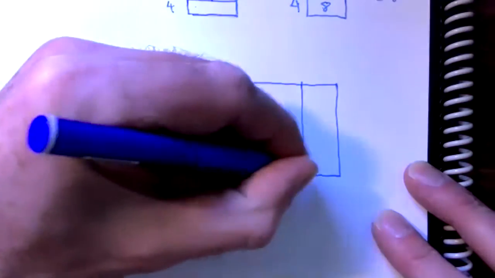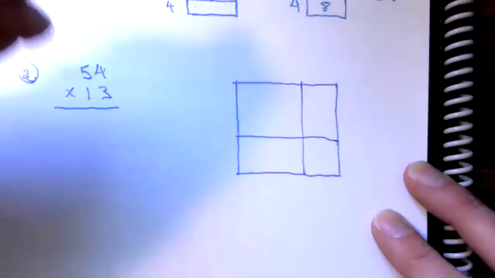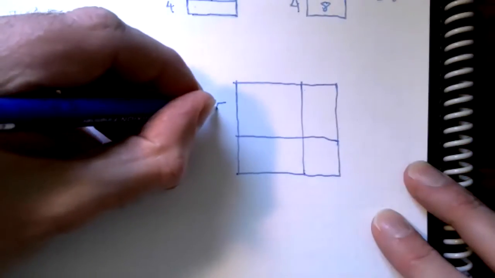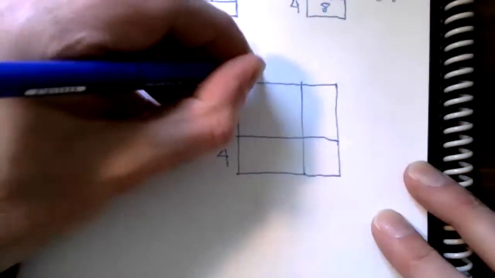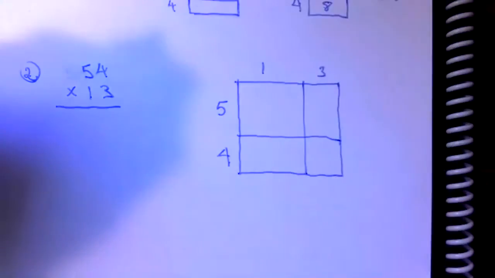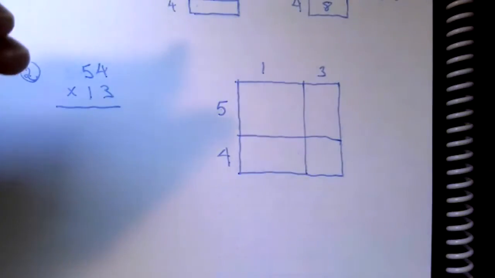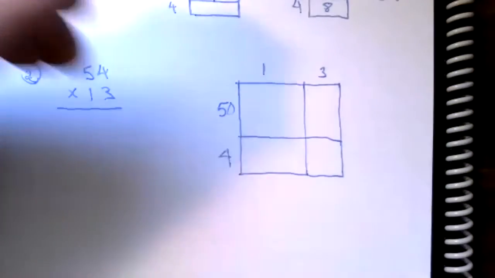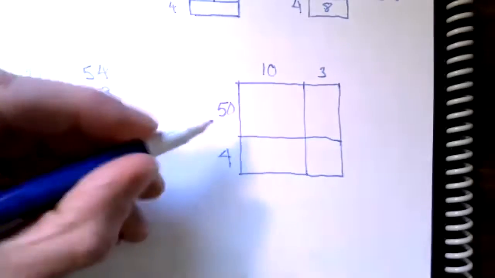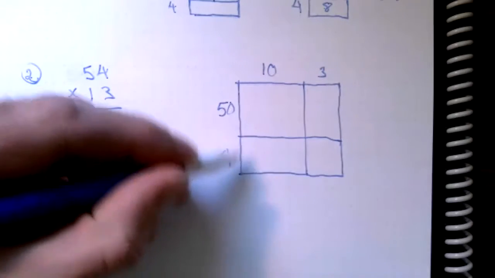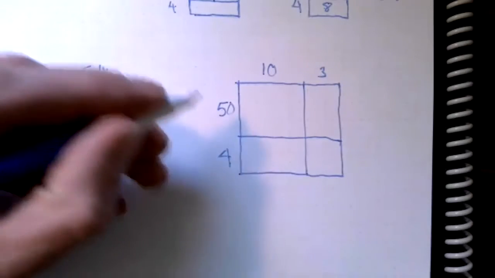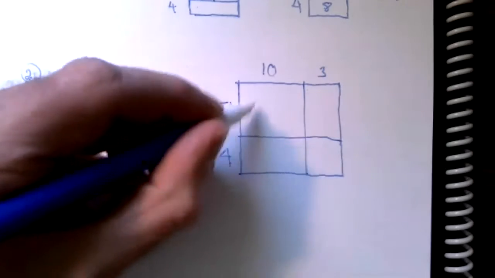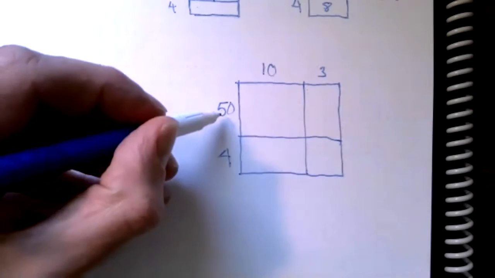Okay, so 54, 13. Okay. This side's 50, that's 4. 50 and 4. Okay. So what should I put here in this block?